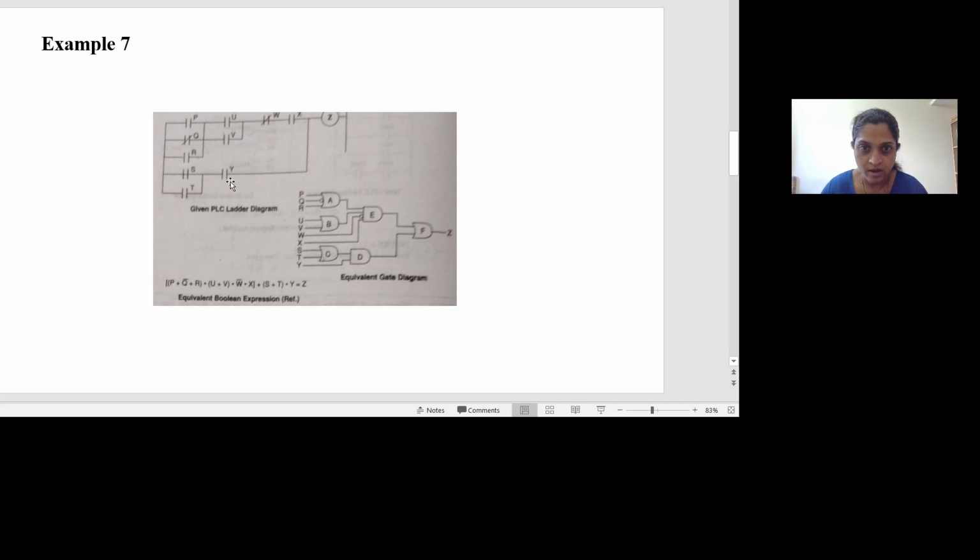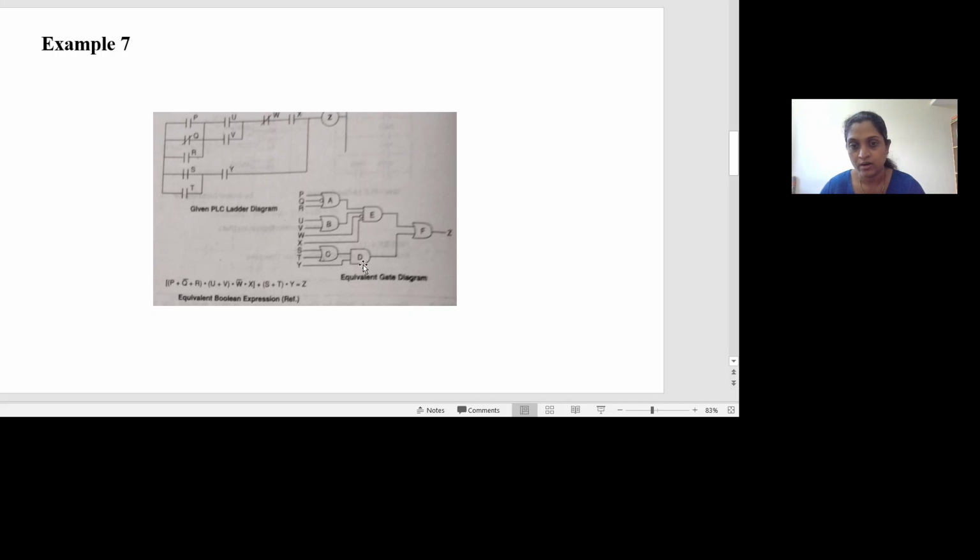Then we have contact Y, which is in series with the parallel combination of S and T. So this entire second rung is now replaced by an AND gate, whose input is coming from the parallel combination of S and T, and the second input is coming from Y.